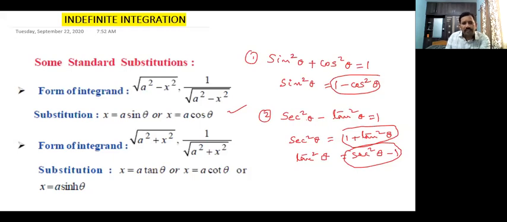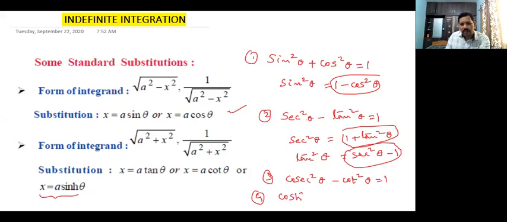If it is plus, we can take x is equal to a tan theta or x is equal to a cot theta, because the third identity is also there. What is that? Cosecant square theta minus cot square theta is equal to 1. And here a hyperbolic function is also given. In hyperbolic function, what is the formula?